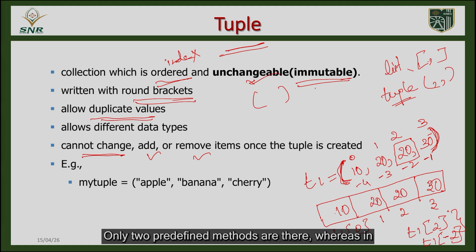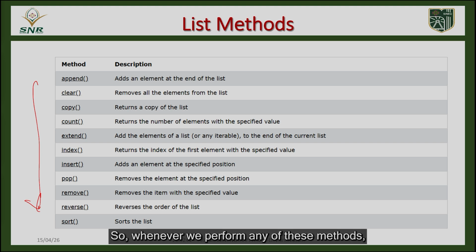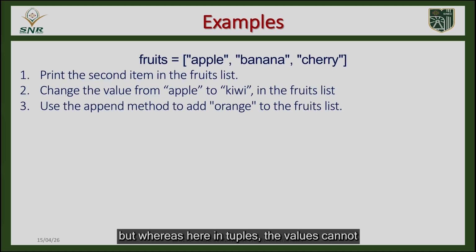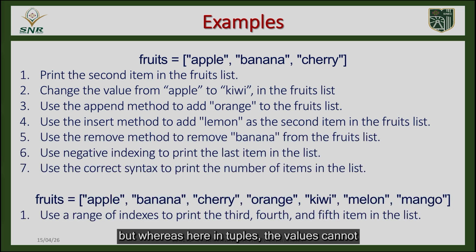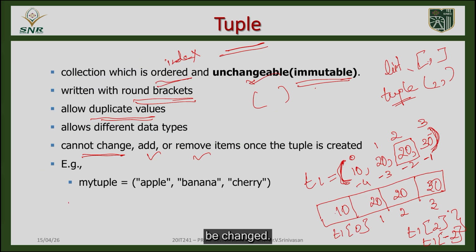Only two predefined methods are there, whereas in lists we had all these methods, because it is mutable. Whenever we perform any of these methods, the list gets changed, the structure gets changed. But in tuples, the values cannot be changed.